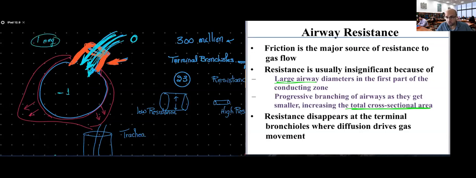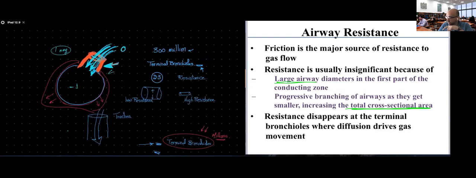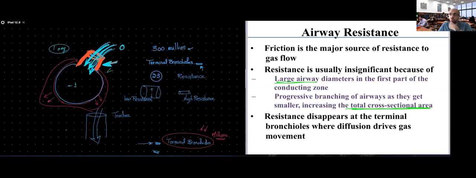Is this going to be enough for me to pull the air, and this air to be able to overcome my airway resistance? Do I have a significant airway resistance that I need to overcome? Actually, you don't have any significant airway resistance normally.